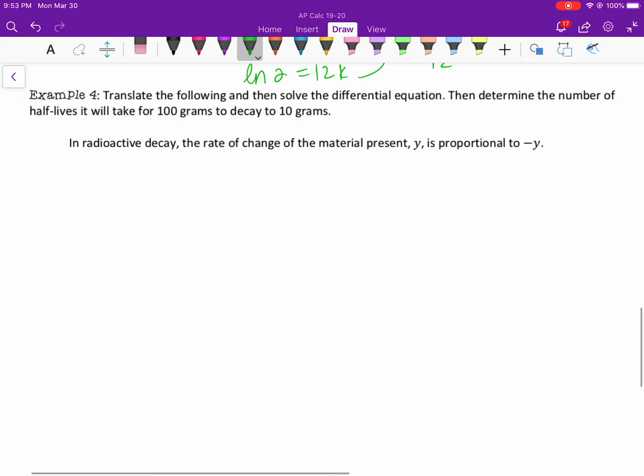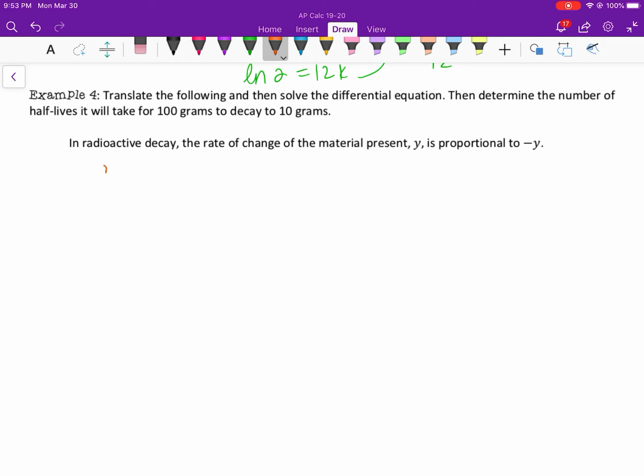And lastly, in example 4, we want to translate the following and then solve the differential equation and determine the number of half-lives, oh boy, it will take for 100 grams to decay down to just 10 grams. Well, we are told that in radioactive decay, the rate of change of the material present is proportional to the negative amount. Okay, interesting.